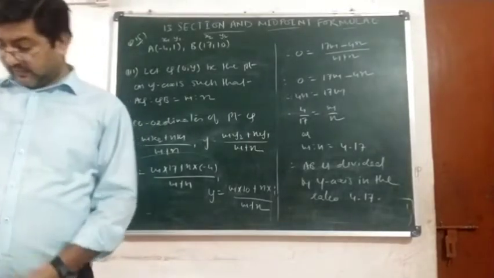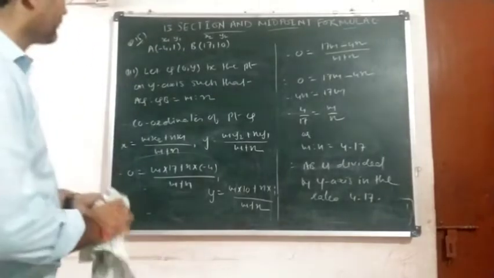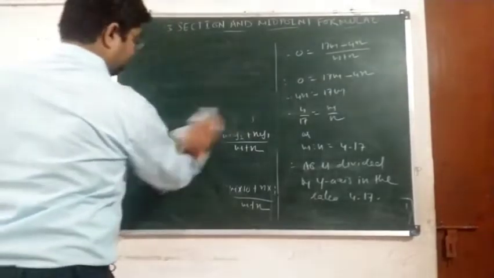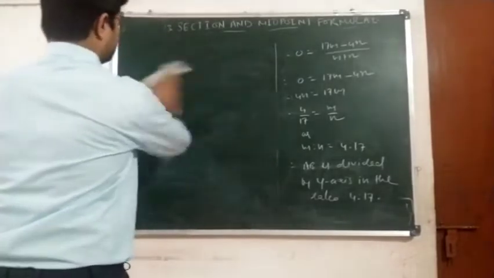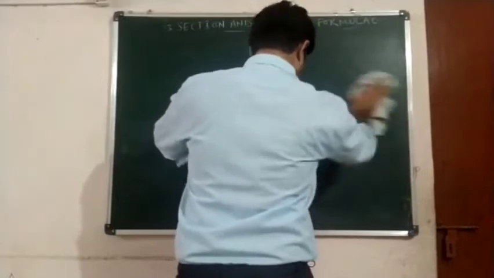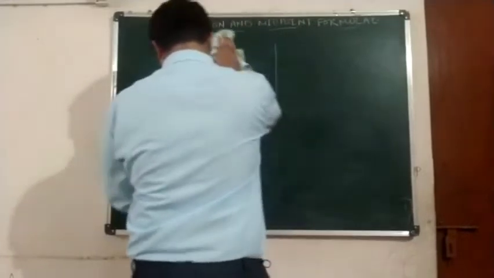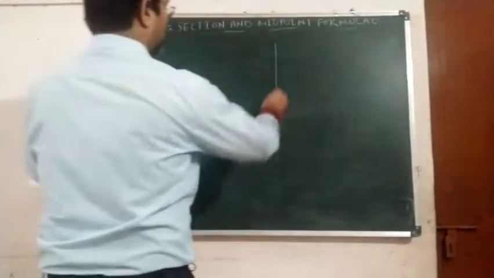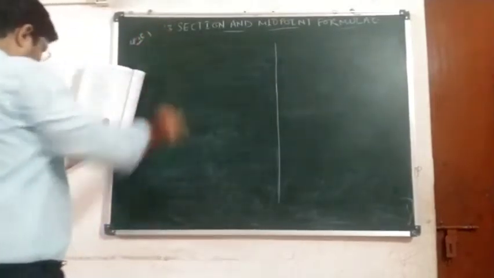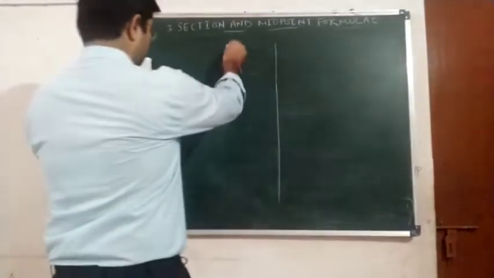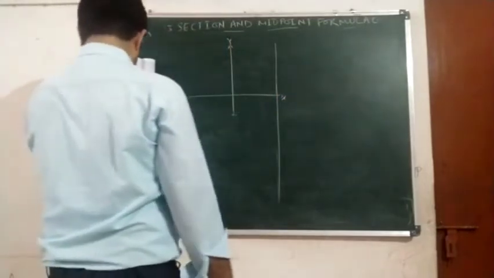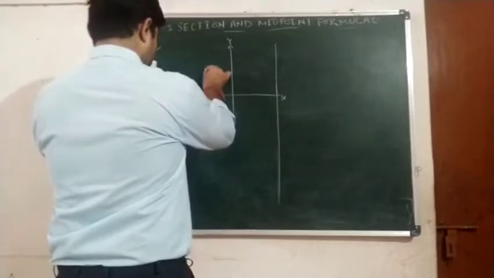Okay, now let us solve question number 16. A line segment joining point P and Q, coordinates of point P are given to be -4, 5.